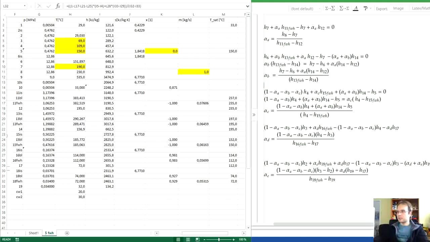So now we got the mass flow rates of our bleed streams, and we can also add mass flow rates in certain parts of the turbine.